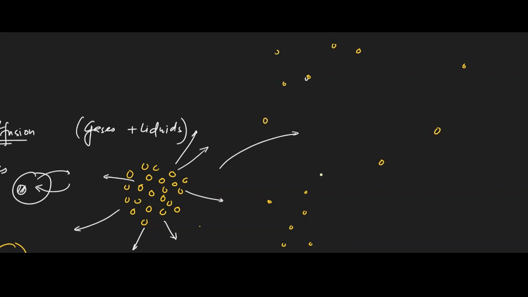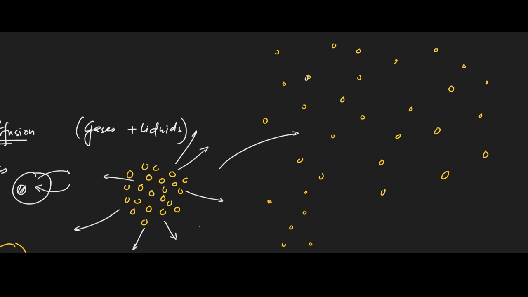Same number, but quite spread out. So in any given space, you'll find there is almost an equal distribution, an equal number of particles. That is the point where equilibrium has been achieved.